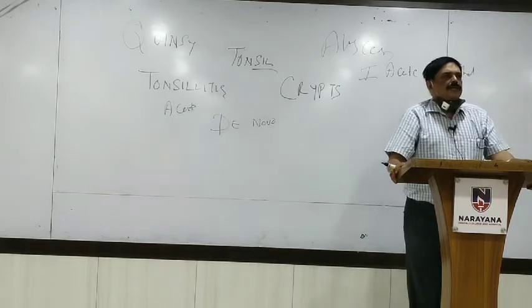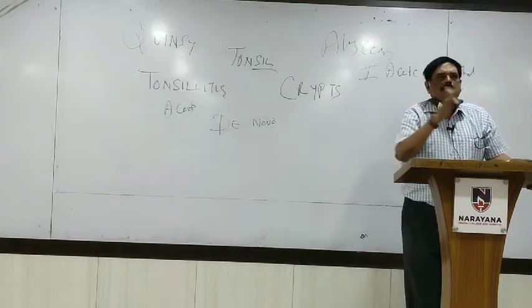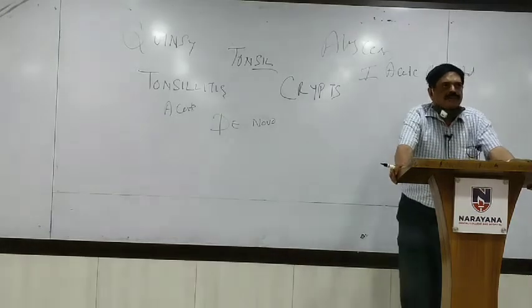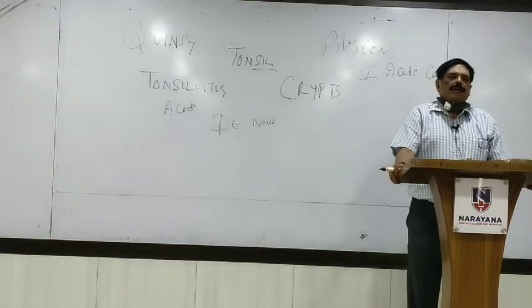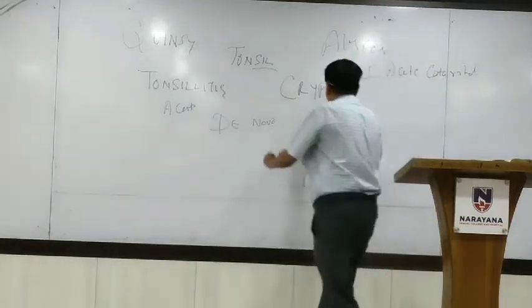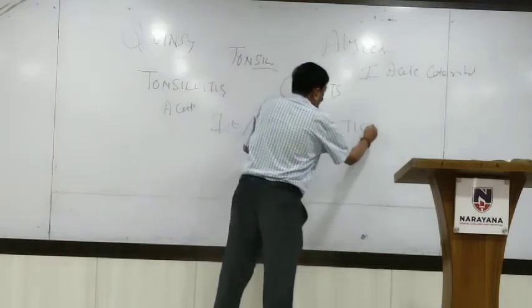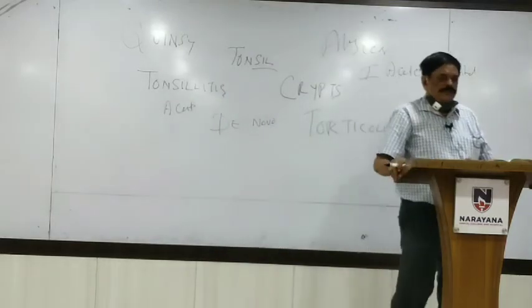On examination, the pillars of the tonsils will be congested and the uvula may be shifted to the opposite side. You can see purulent discharge coming out of the tonsils. And the patient's neck may be bent to the opposite side, that is called torticollis.